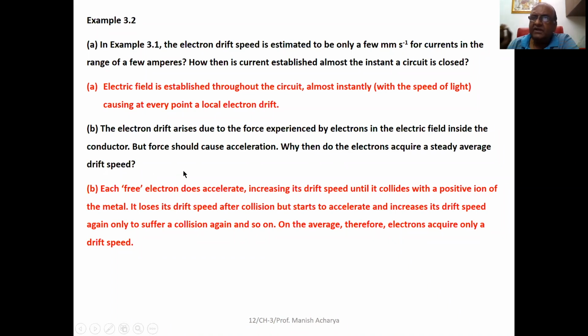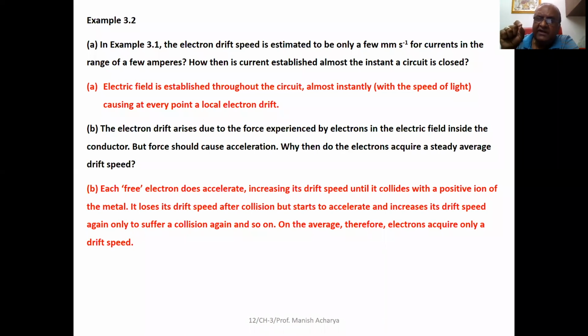Because when free electrons experience the force and are accelerated, during their accelerated motion they collide with other electrons as well as ions, and their speed becomes instantaneously zero.